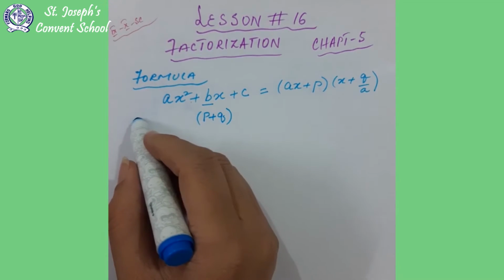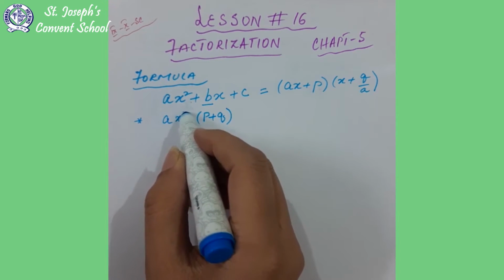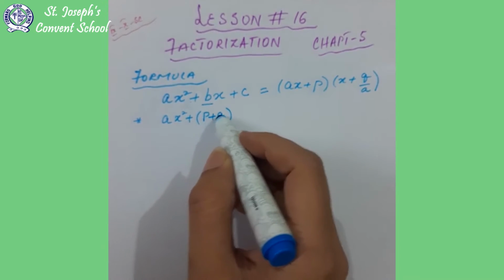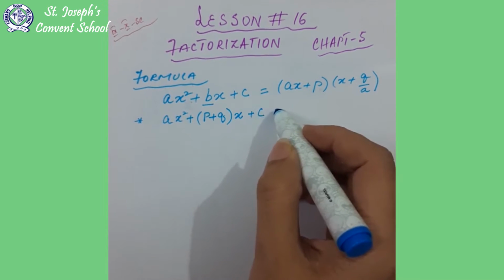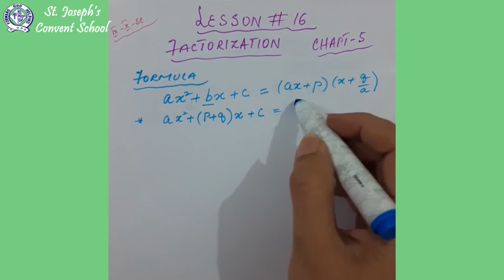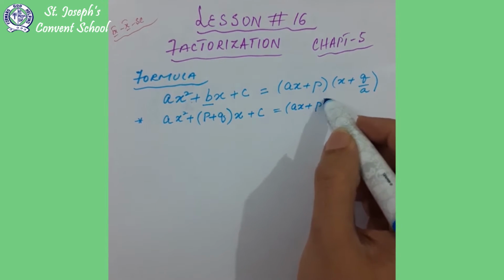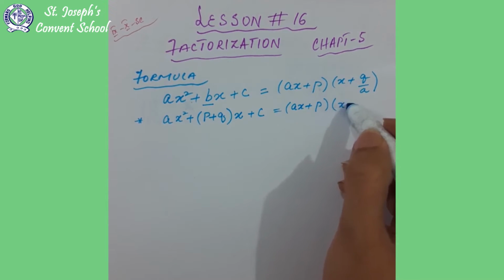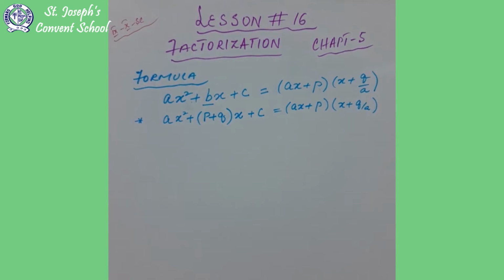So this formula will become ax square plus (p plus q)x plus c equals these two brackets, ax plus p and x plus q upon a. So this is also known as breaking the middle term.